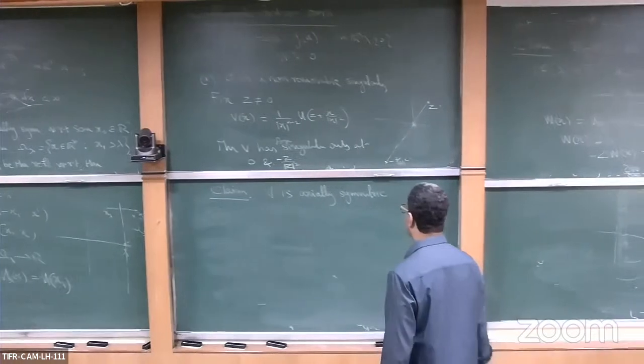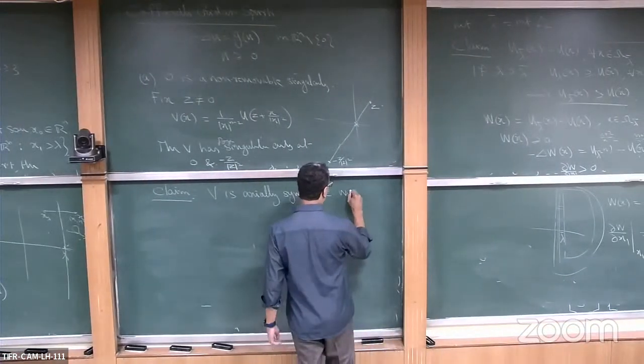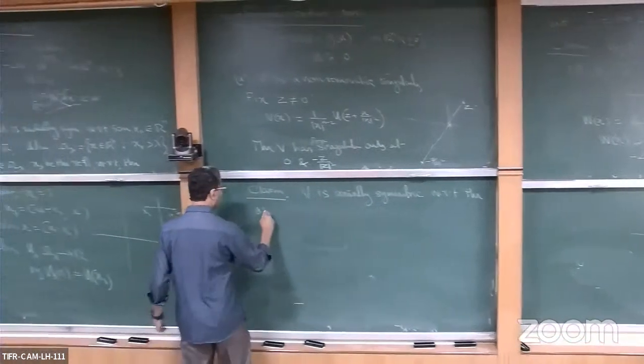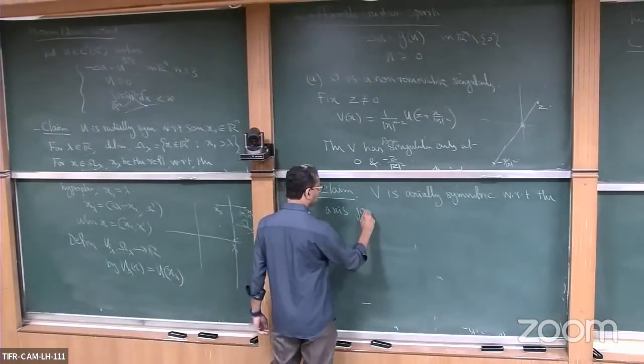V is going to be axially symmetric with respect to the axis joining 0 and z.